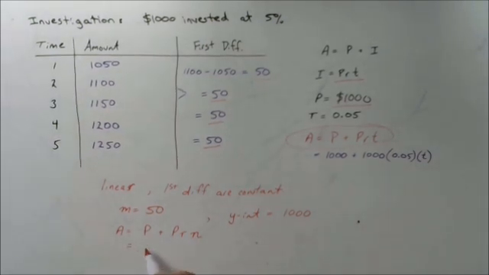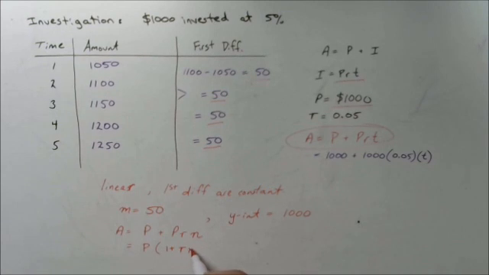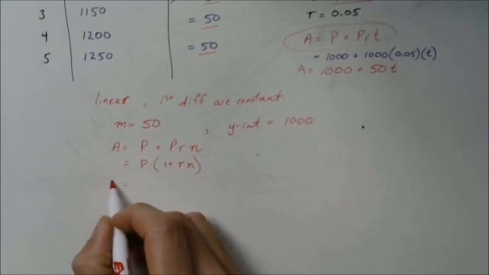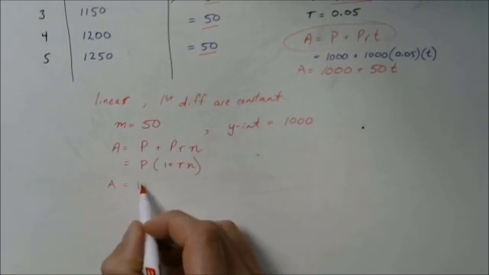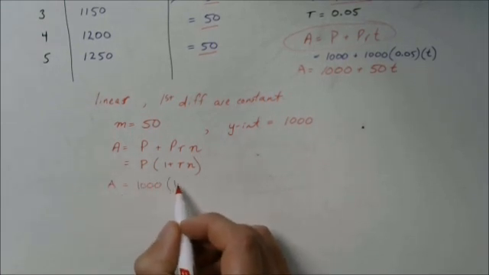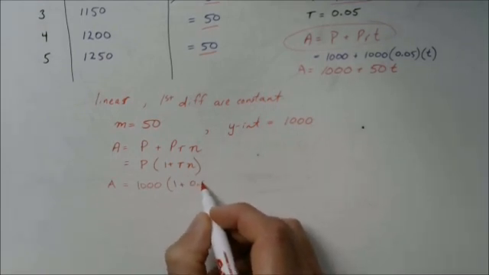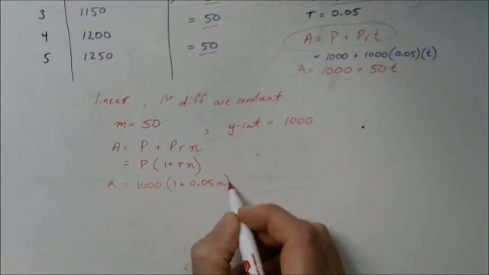We could simplify this. We could actually factor out the P. And we'd be left with that statement. And if we wanted to actually generate the equation, we simply sub in what we know. So we have a principal of $1,000 multiplied by 1 plus r, which is 0.05 times n.